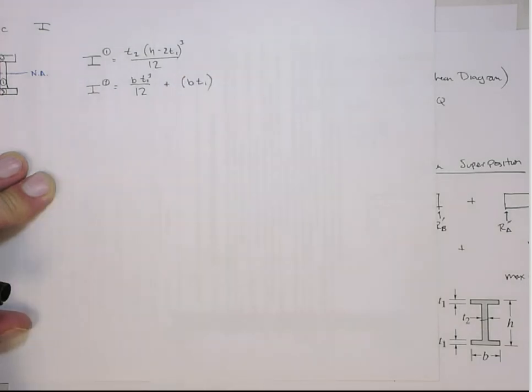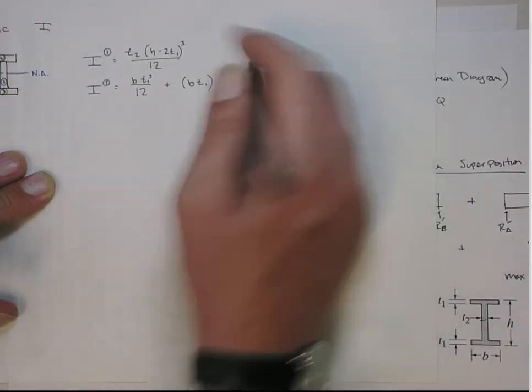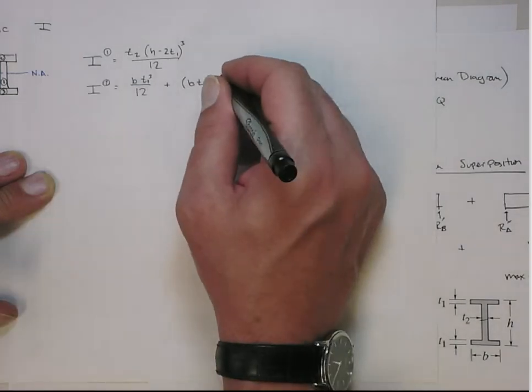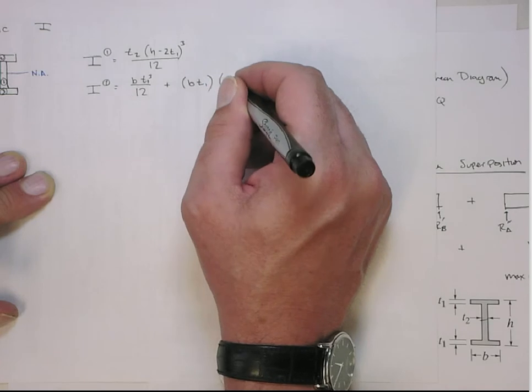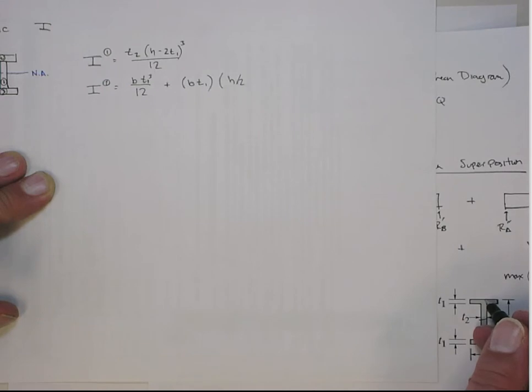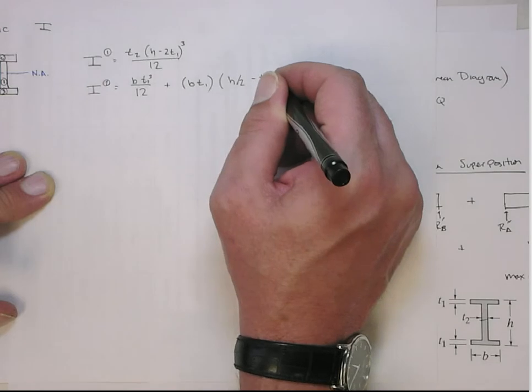That's the area. And now the distance from the neutral axis to the centroid is going to be the height divided by 2. That's the distance from here to here. And then subtract half the flange thickness.